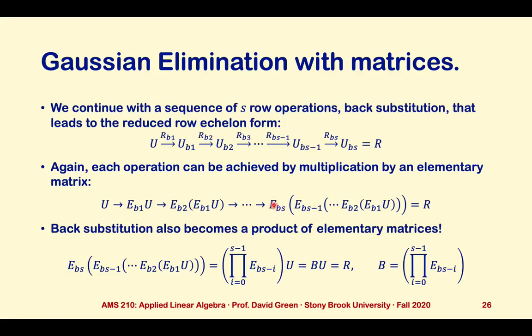And in exactly the same way as we did for forward elimination, we can take this big product of elementary matrices, represent it in product notation, and collapse that product of S individual elementary matrices into one matrix that we call B. B times U gives us our reduced row echelon form.